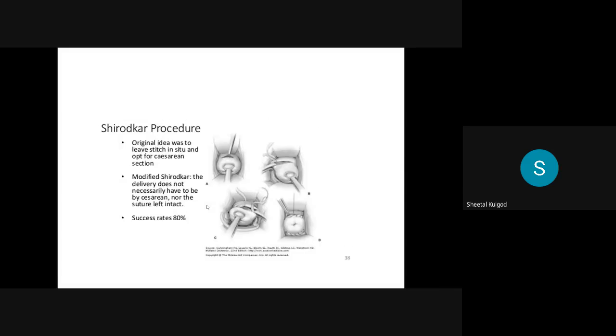Shirodkar's is a more complex procedure where they actually open up the cervix. They take an incision on the cervix, take the bites submucosally and then close them together. This is technically more challenging and takes longer, but the success rate is much higher, 80%, than the McDonald's, and it's used in severely damaged cervices, not in prophylactic procedures.